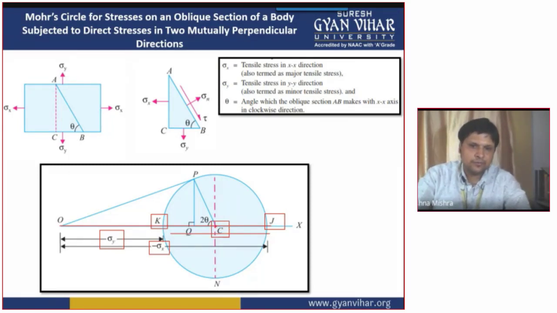Now we will take the given angle theta, so we will take 2 theta in this clockwise direction and draw a line in this way.